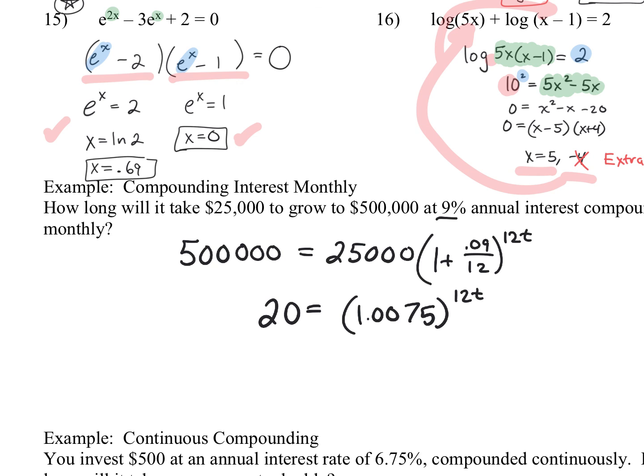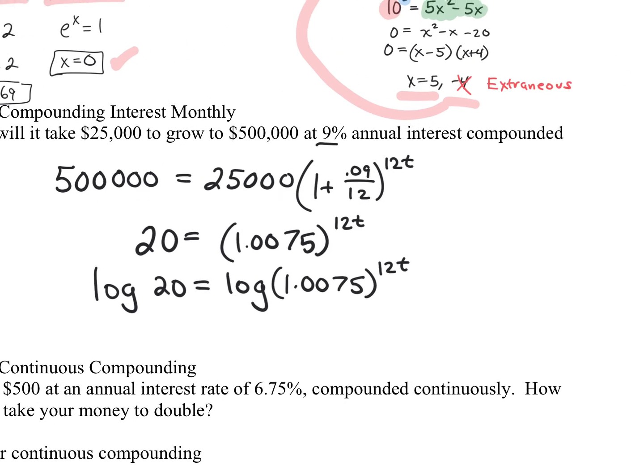So I can take the log of both sides here. That will unlock my exponent. So log of 20 will equal the log of 1.0075 to the 12t.